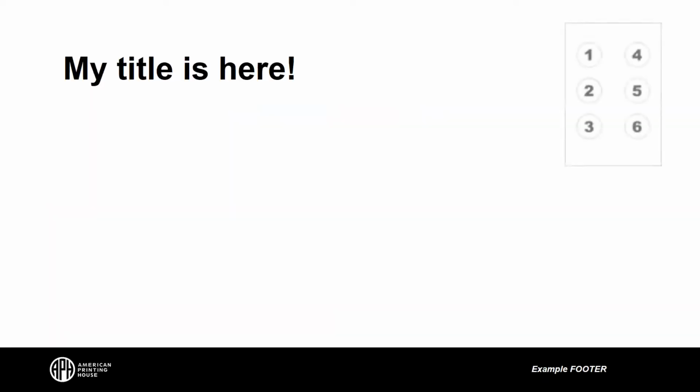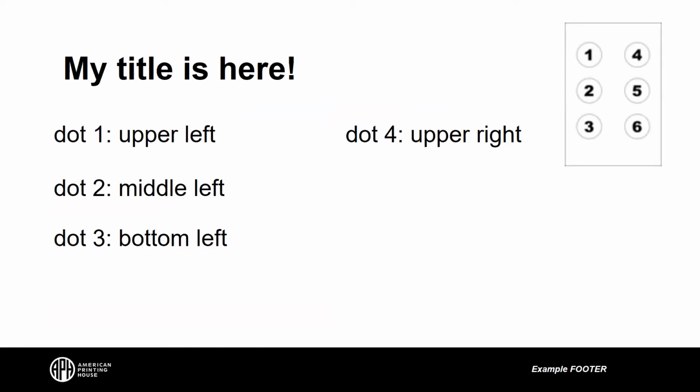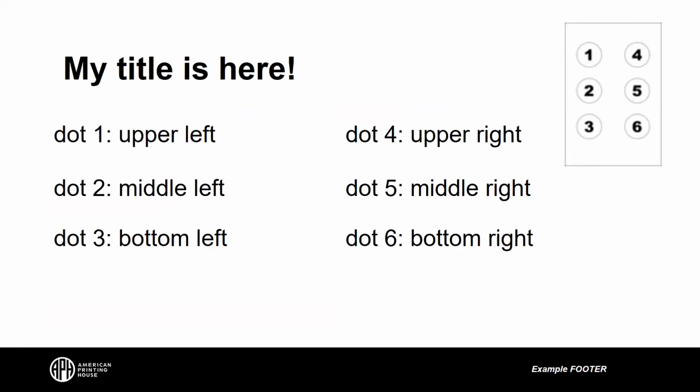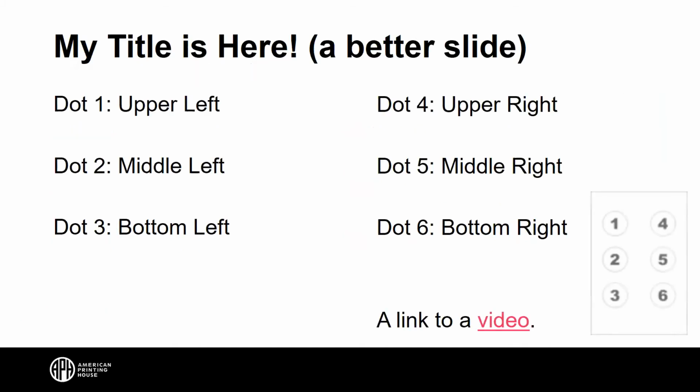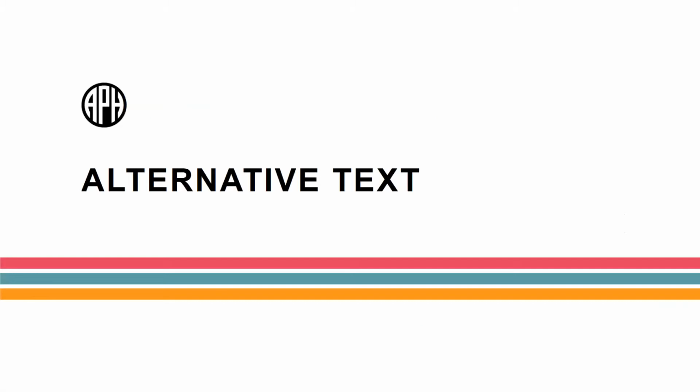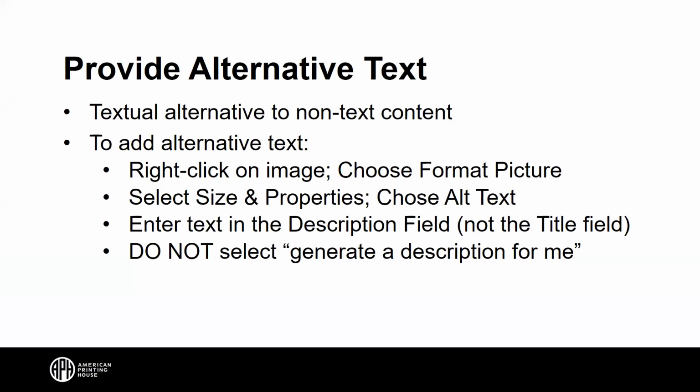Now, we did the slides with the titles. We saw a better version of it. But there is something else to talk about, and this is alternative text information. Alternative text information is to provide communication of what is important in images and other visuals.